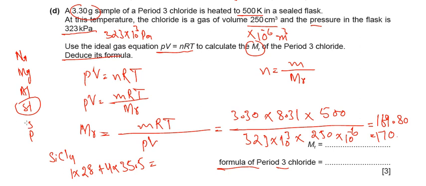Otherwise we have to try with phosphorus or sulfur. 28 plus 4 times 35.5. Okay, yes, it's exactly 170, so we can say it is silicon tetrachloride, SiCl4. This is the formula of the period 3 chloride.